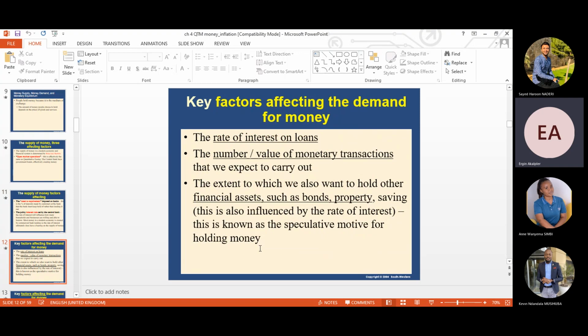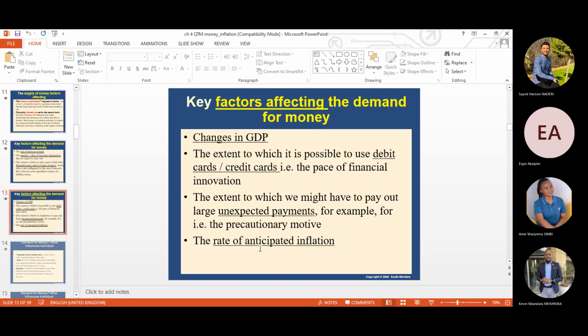Key factors affecting the demand for money: the rate of interest for loans, the number and value of monetary transactions that we expect to carry out, and the extent to which we want to hold other financial assets such as bonds, property, savings. This is also influenced by the rate of interest, and is known as the speculative motive for holding money.